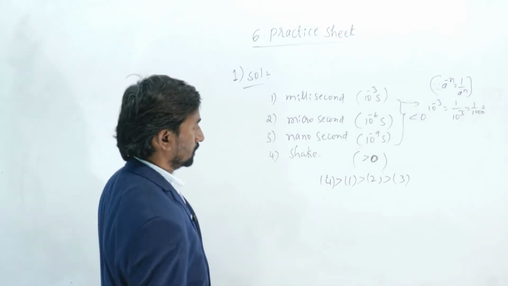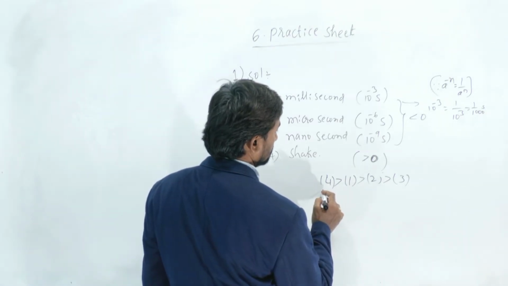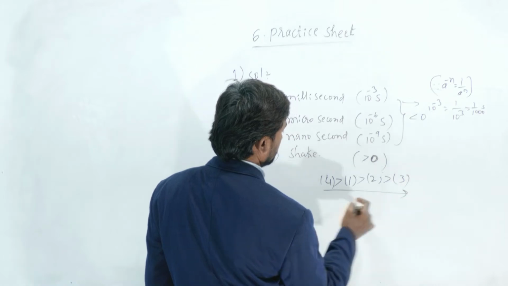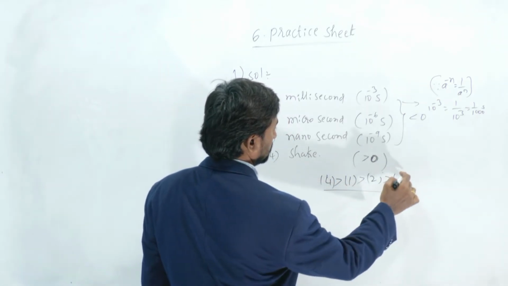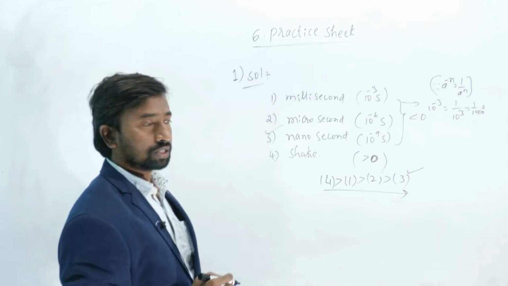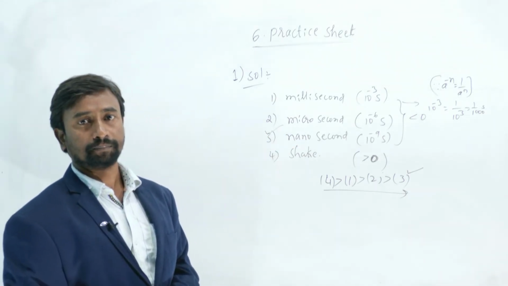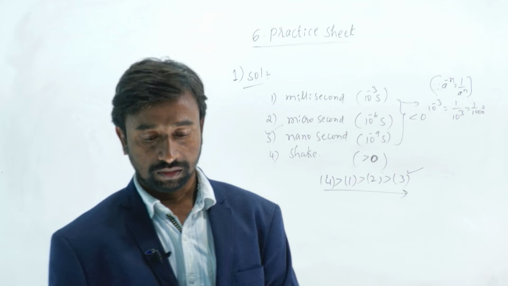So this is in descending order, and the smallest one is the third option. So this is the answer: the smallest one will be the nanoseconds. Okay, that is the first one.